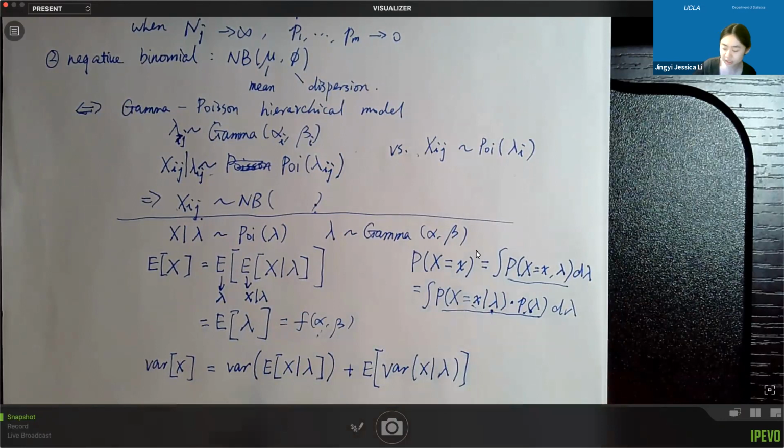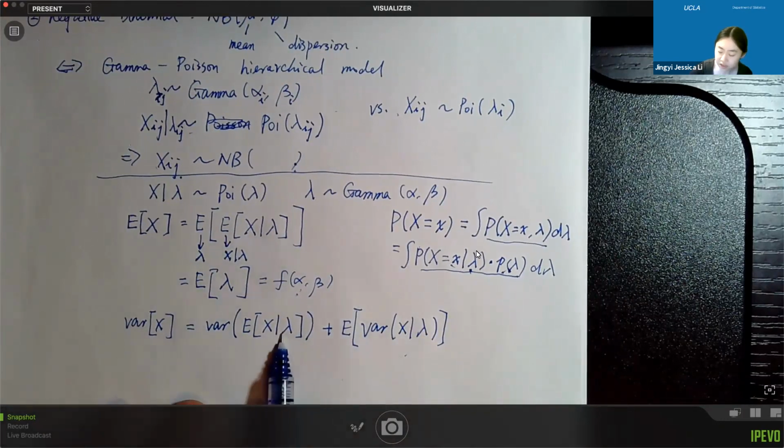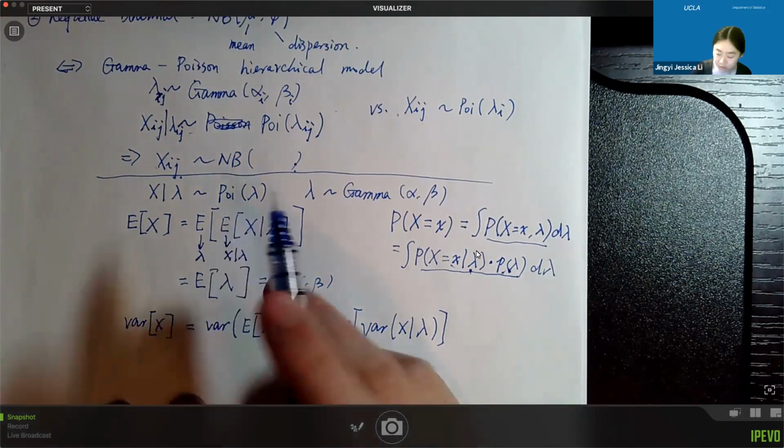So you alternate which one is variance and which is expectation in those two terms, and together they give you the marginal variance. Again, here we use that the conditional expectation and conditional variance are both from a Poisson, so they are equal to lambda.